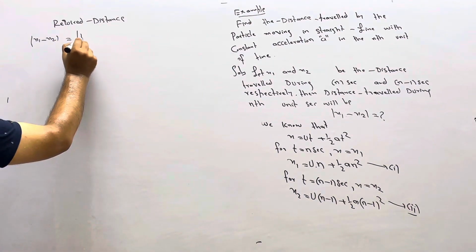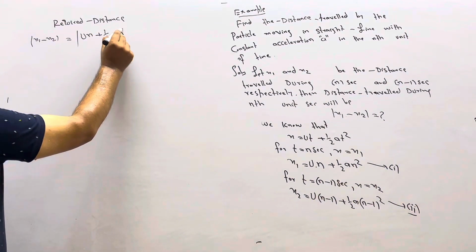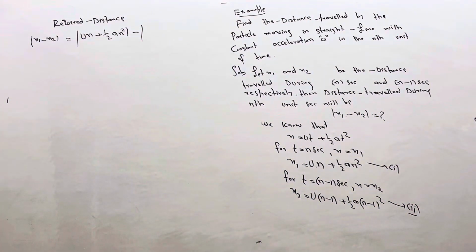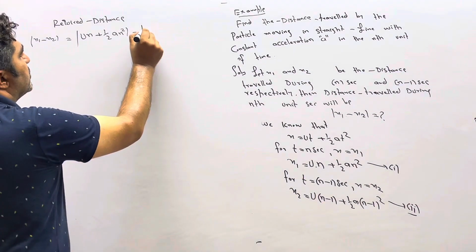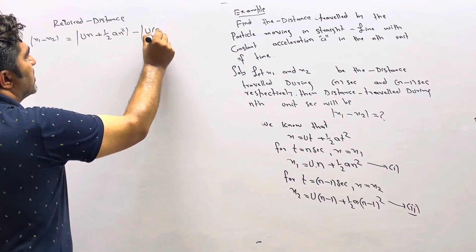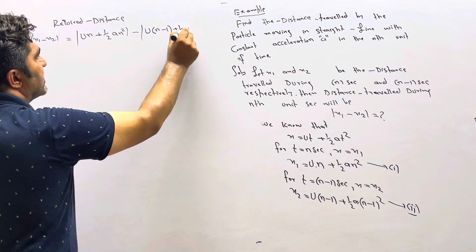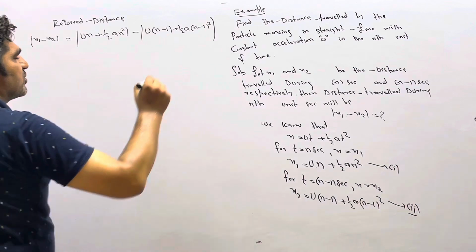And what is x1? It is un plus half an square, minus u into n minus 1 plus half a into n minus 1 its square, and this mod closes.